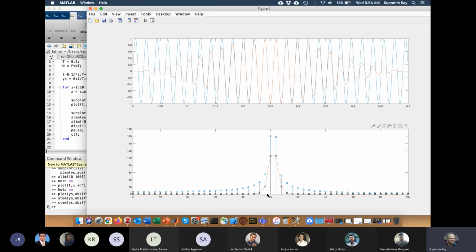So you'll have a continuous spectrum and you would see a single peak at 51. That's the truth. That is what you want to see. But you can't get to that because you have only viewed the signal for 500 milliseconds. So bad luck, you only have that much and you have to make do with that.